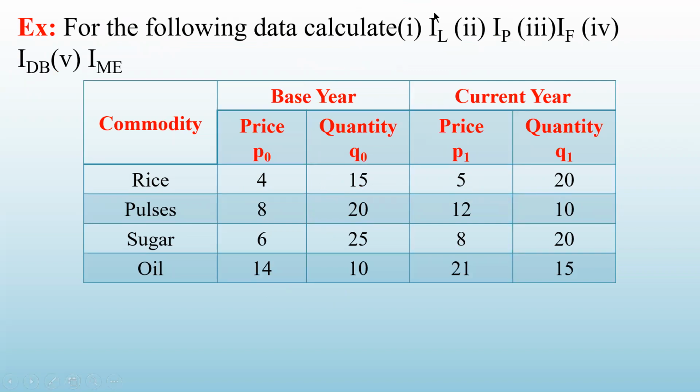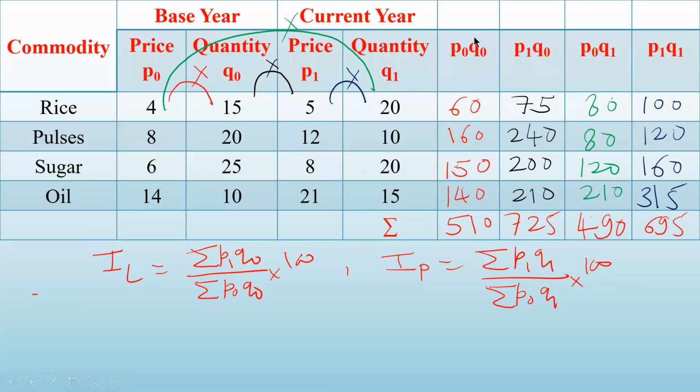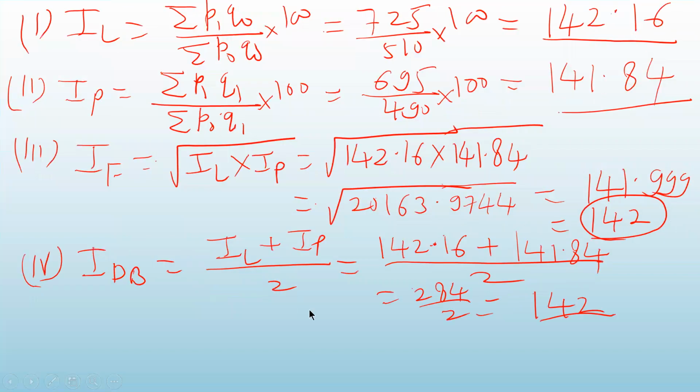IDB you get by taking the arithmetic mean of these two, that means you add them and divide by 2. And the numerator of IME is the sum of the numerators of IL and IP, and the denominator is the sum of the denominators of IL and IP. So basically, you have to prepare these 4 columns, take the sum, and then put the values in the formula.